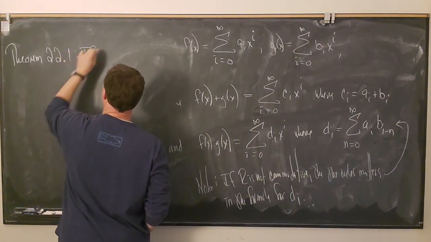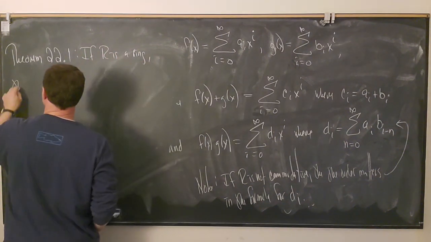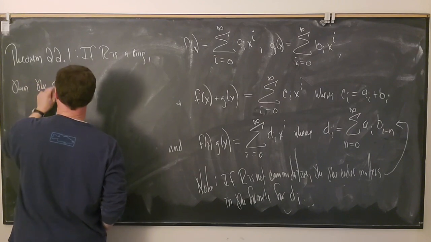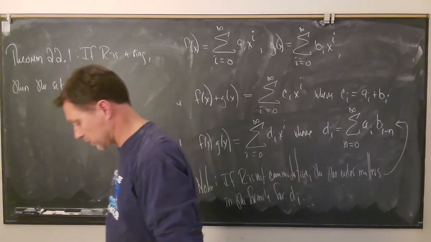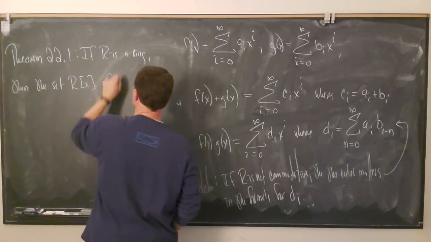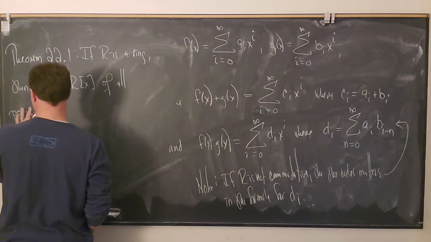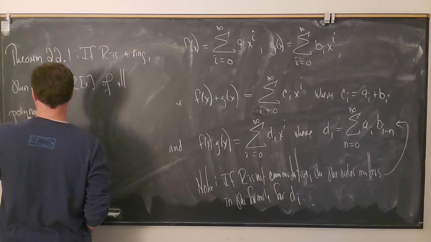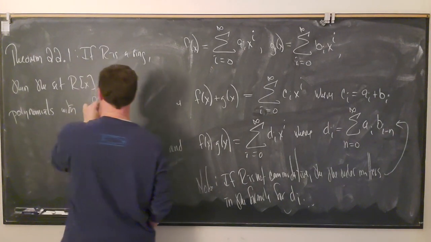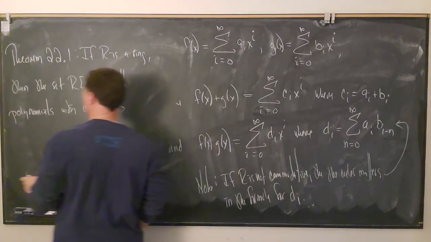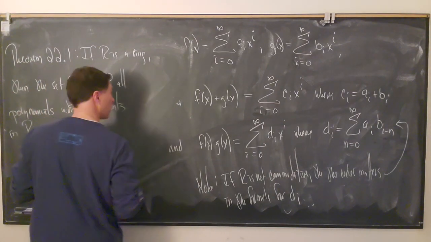If R is a ring, then the set R bracket X, and this set consists of all polynomials with coefficients in R, is a ring under the operations we just defined.